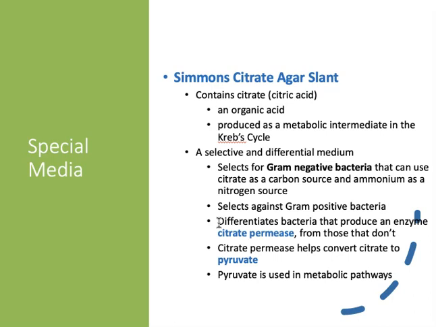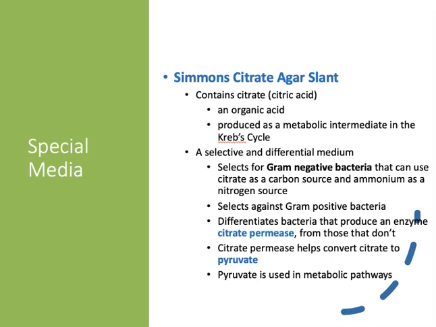What it's going to differentiate between is bacteria that produce an enzyme from those that don't. This enzyme is called citrate permease. Citrate permease is going to help during the process where citrate gets converted to a molecule called pyruvate.